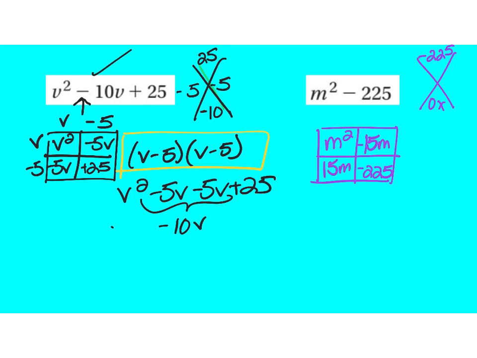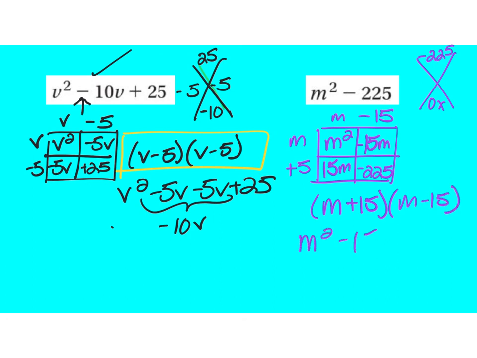One negative. Yes, one of each. So here we would have m plus 15 and m minus 15. Oops, I put 5, but I meant 15. So m squared minus 15m plus 15m minus 225. There's my 0. So there we go.